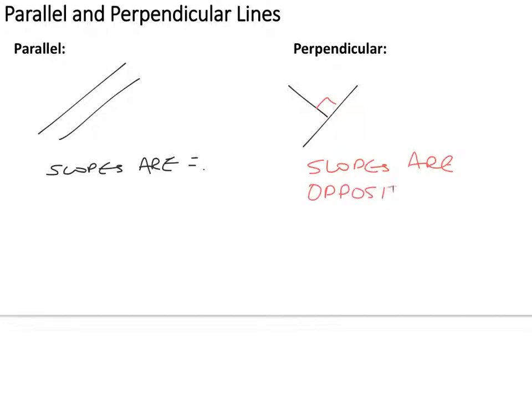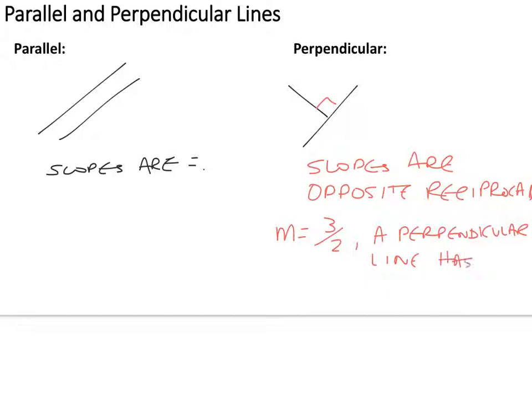So, for example, if I have m equals 3/2, a perpendicular line to a line with that slope has a slope of -2/3.